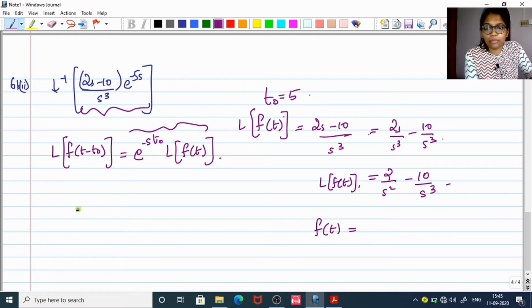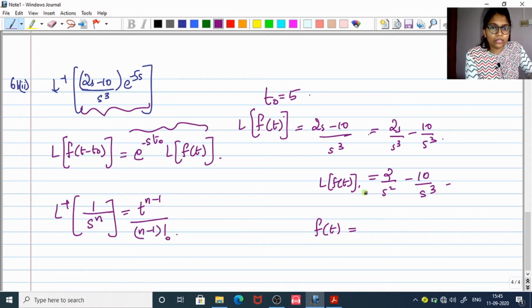You have another formula: L inverse of 1 by s raised to n is equal to t raised to n minus 1 by n minus 1 factorial. So 2 by s square means 2 into, n here is 2, so n minus 1 is 1, and 1 factorial is simply 1. So t raised to 1 divided by 1 factorial.